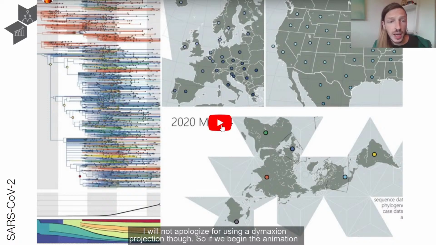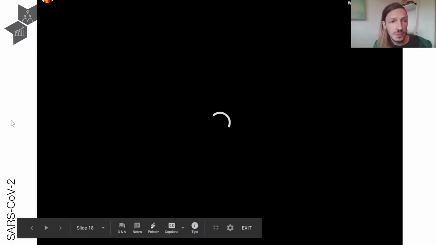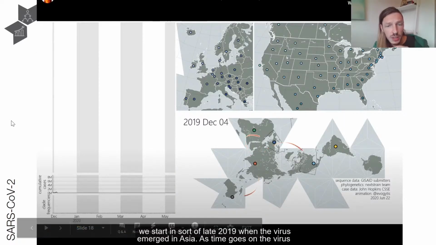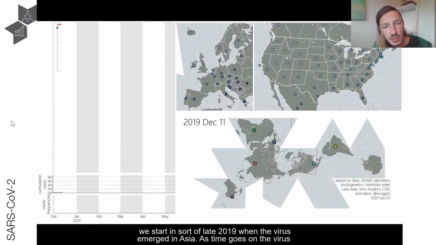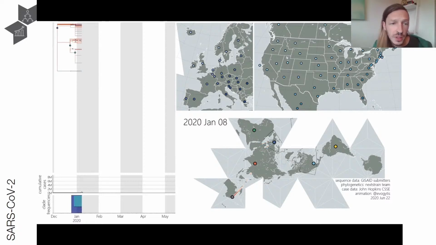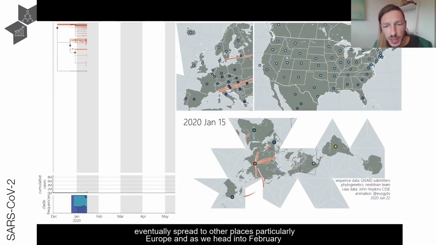So if we begin the animation, we start in sort of late 2019 when the virus emerged in Asia. As time goes on, the virus eventually spread to other places, particularly Europe.